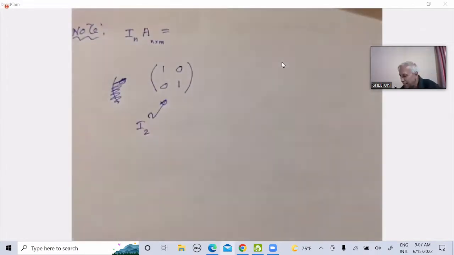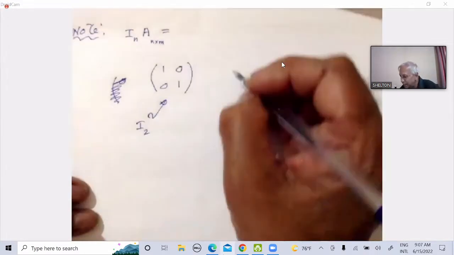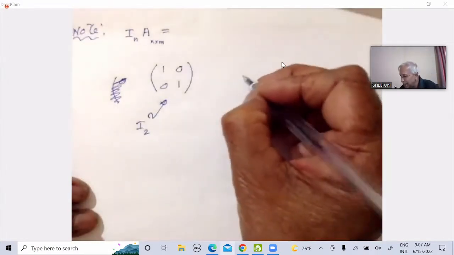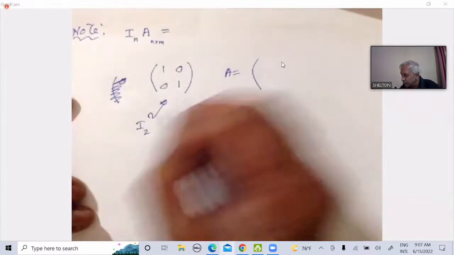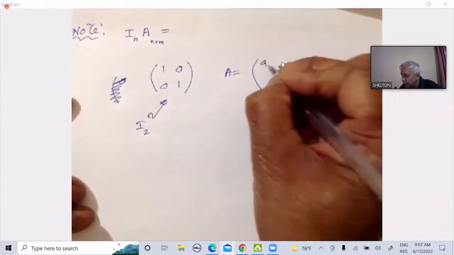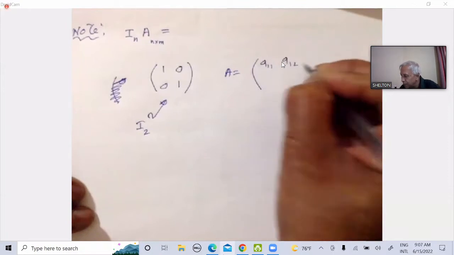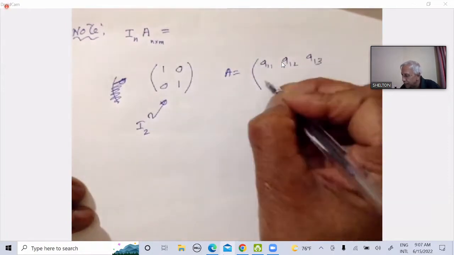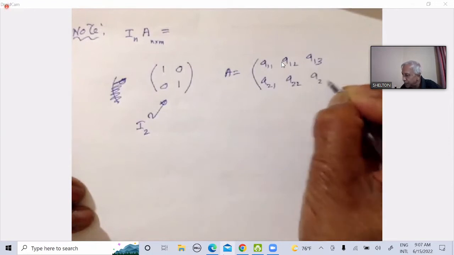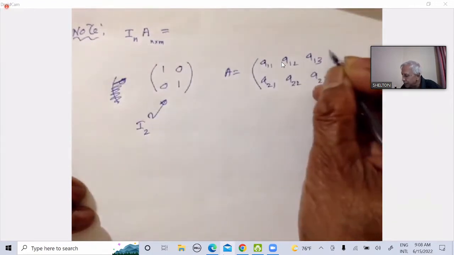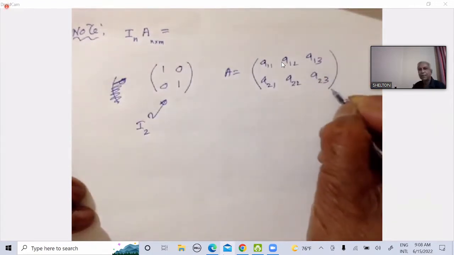So let us look at I2 times A, and let us take A to be a matrix with 2 rows: A11, A12, A13, A21, A22, A23. What is that matrix? 2 by 3.